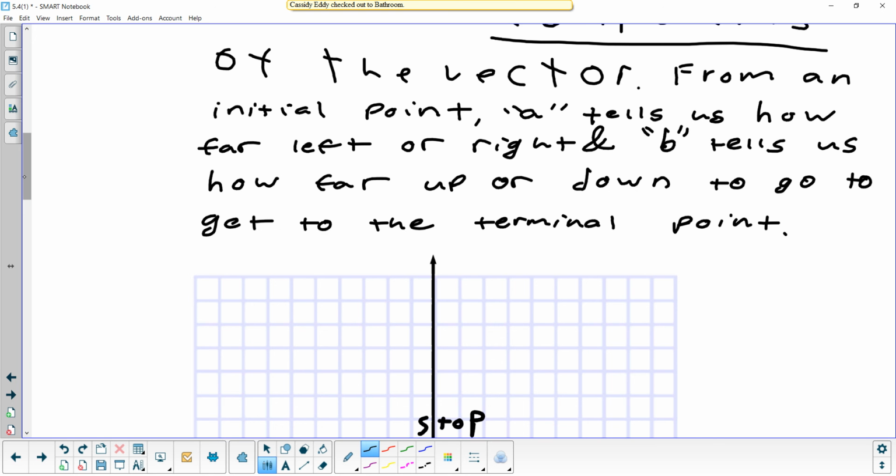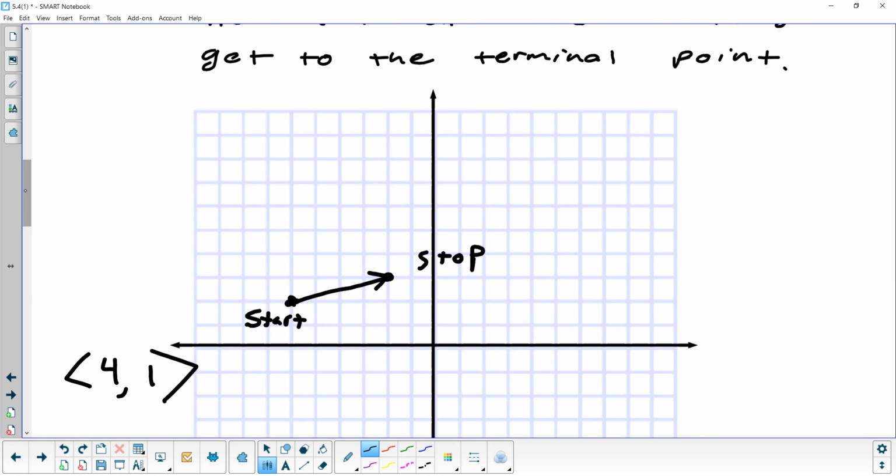So any questions on what those two numbers mean, the A and the B? I gave you guys an example of the vector 4, 1. This is also the vector 4, 1.